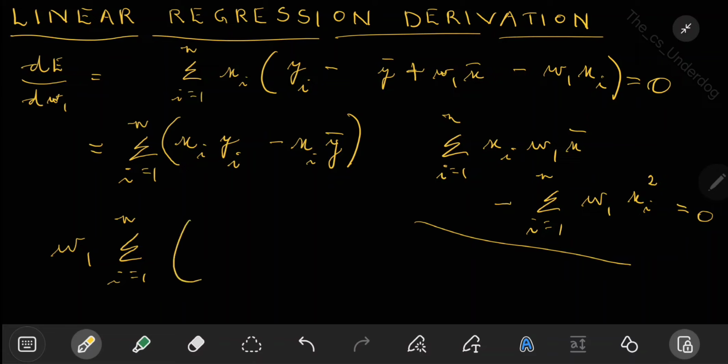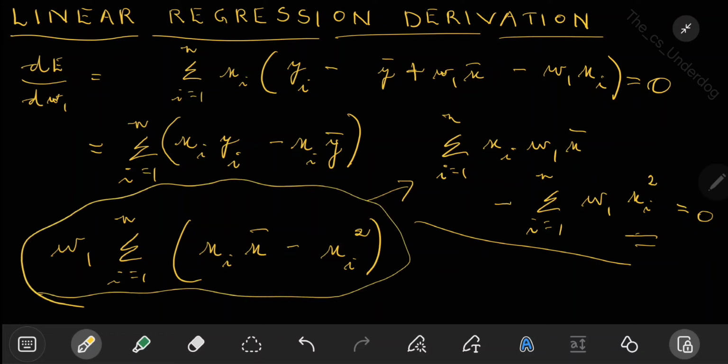Then what remains in the first term? In the first term, xi x bar remains, right? So it will be xi x bar minus, here xi square remains. So it will be xi square. So this is what remains from this term. So what will this become for me? Sigma i equal to, this particular term I am going to substitute in place of this.